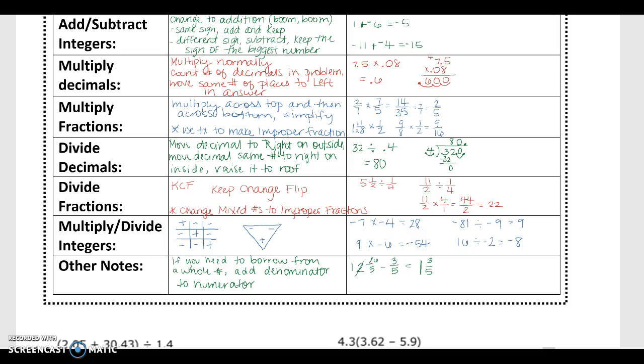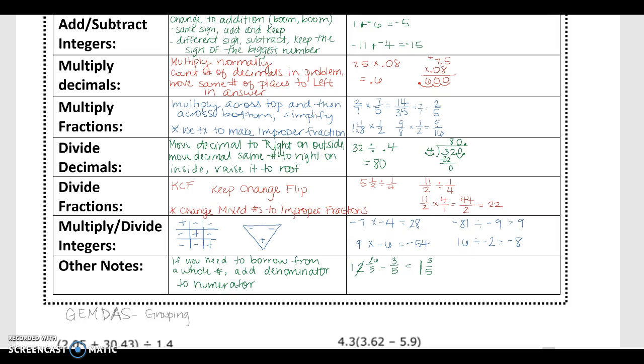One last note that I want you guys to write at the bottom is GEMDOS. So back when I went to school, it was PEMDAS. Now I think you guys know it as GEMDOS. So that means that you're going to do groupings first.